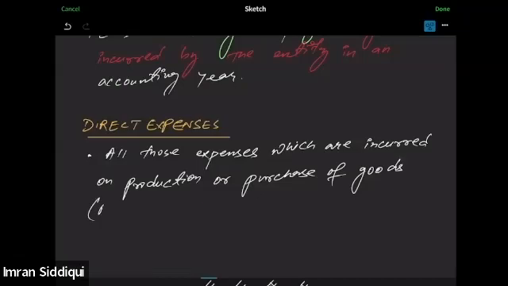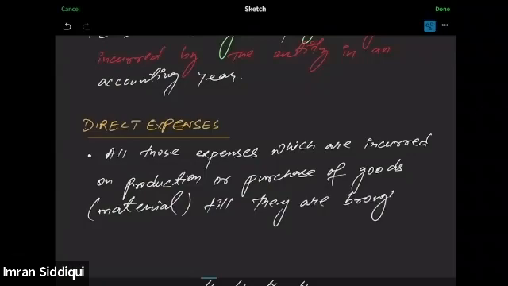Goods means material, as in raw material. Purchase of goods till they are brought to the place of business.